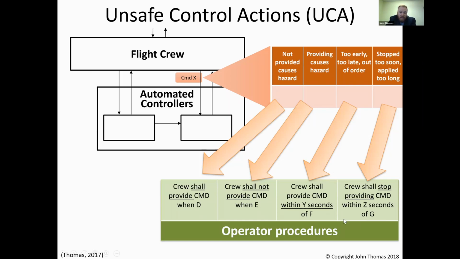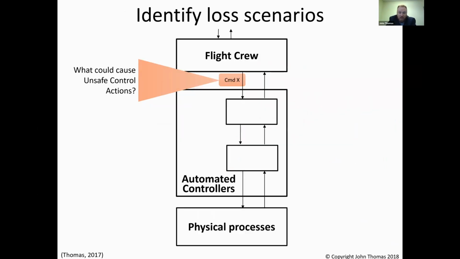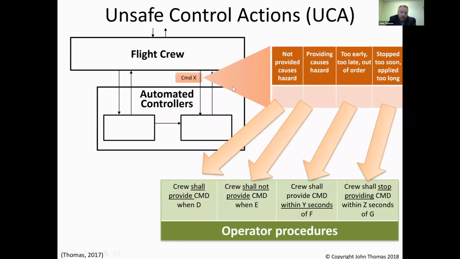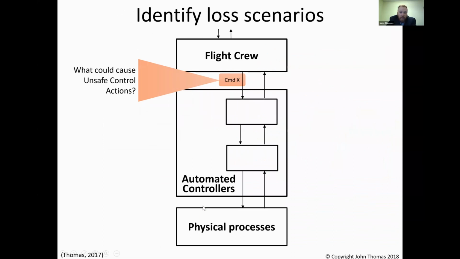And then we can build test cases that try to see or verify if they're going to follow these procedures, or maybe build a test case or a scenario that would make them want to violate these procedures. And these are not every procedure you can define. These are the ones specifically that need to be enforced to prevent losses that we started with.